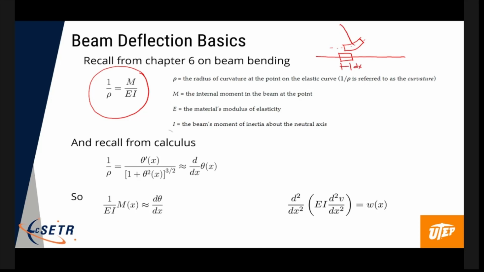We were able to relate the strain and then the stress to the curvature of the beam. Rho is the radius of curvature at a point, and its inverse, 1 over rho, is the curvature. Sometimes the Greek letter kappa denotes curvature, which is 1 over rho. And we developed this relationship.